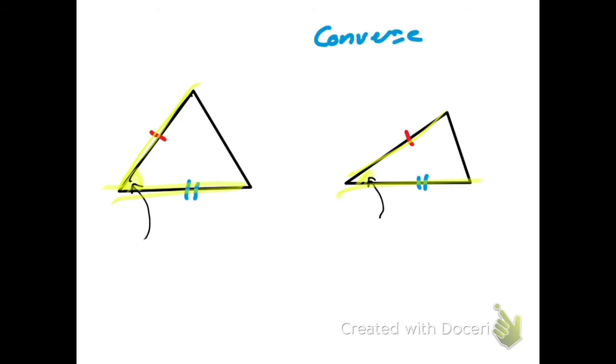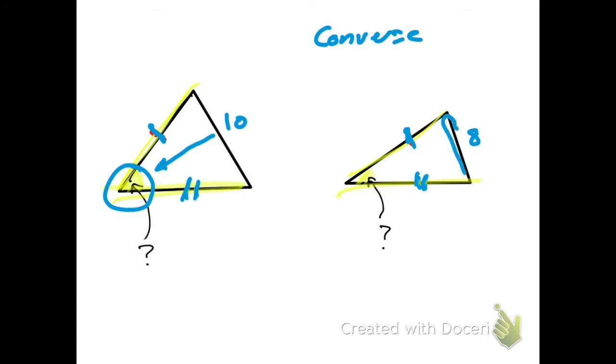Now I don't know which angle is bigger, but I do know a side length. Let's say this is 10, and this is 8. So the converse allows me to say, I still have to have two pairs of congruent sides, but now I know that one side length is bigger than another side length, therefore I go across from the bigger side, and that is going to give me the bigger angle.